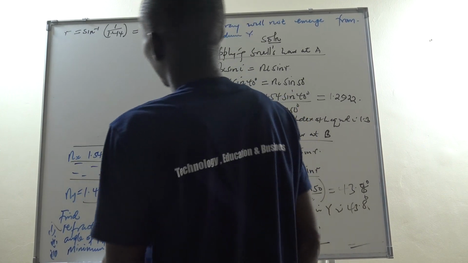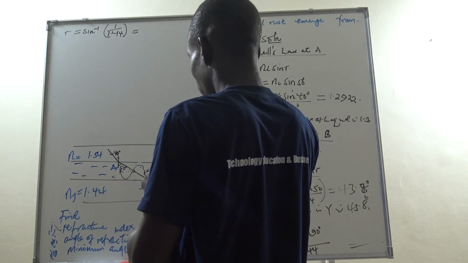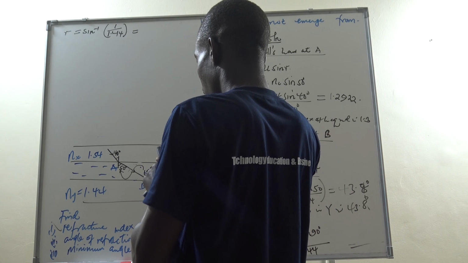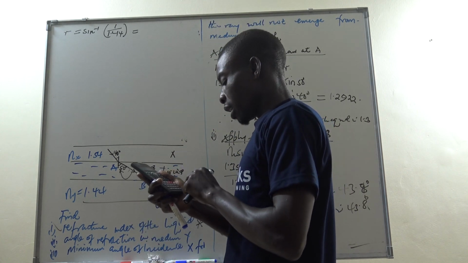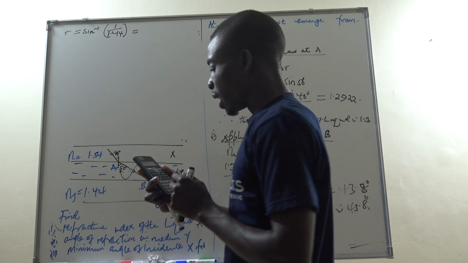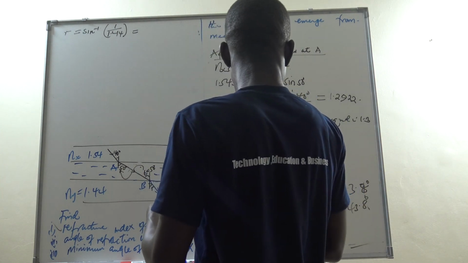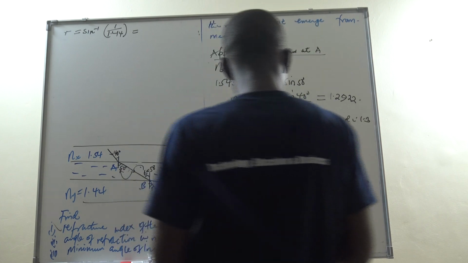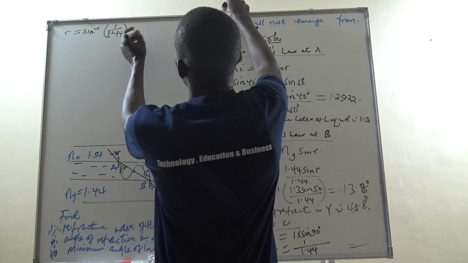So you can as well get your calculator and say, what is the sine inverse of the answer? That is 43.98, that is equivalent to 44.